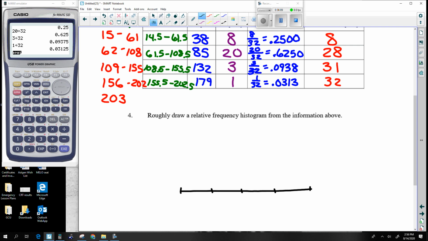And so this begins at 14.5, 61.5, 108.5, 155.5, and 202.5. Okay, this is of the relative frequency. So the largest relative frequency is 0.625. So I would probably take this up to a 0.7. So this would be 0.1, 0.2, 0.3, 0.4, 0.5, 0.6, 0.7.